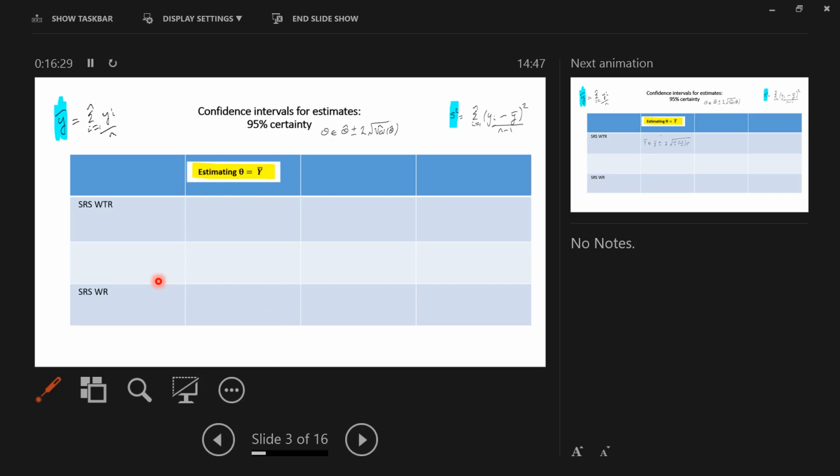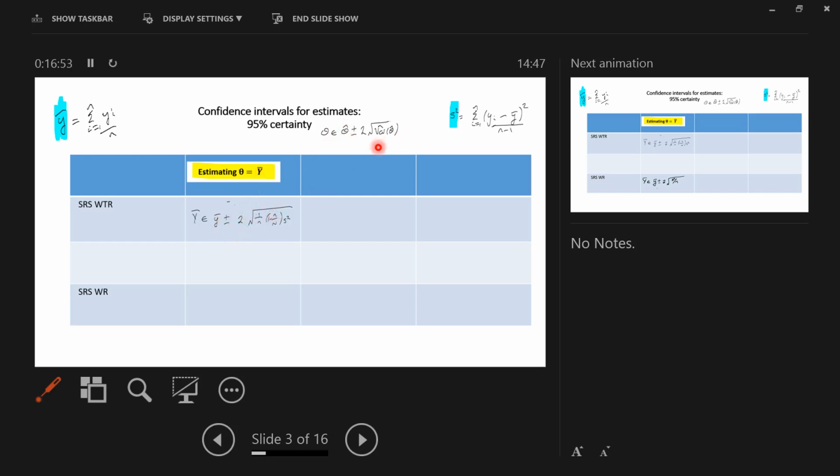Suppose I'm estimating the population mean. From the previous slide, you know that if you're doing without replacement, your theta is y bar. What estimates your population mean? It's the sample mean, plus or minus twice the square root of the variance.